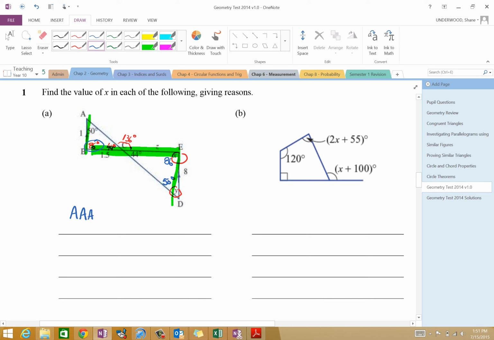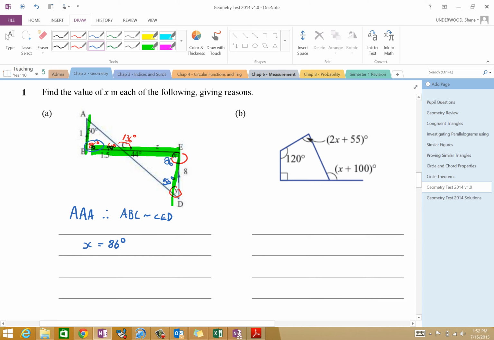So therefore we can say that ABC is similar to CED. Now it says here find x. Well, we've just found x, haven't we? X is equal to 86 degrees, and of course we've done our working out already.